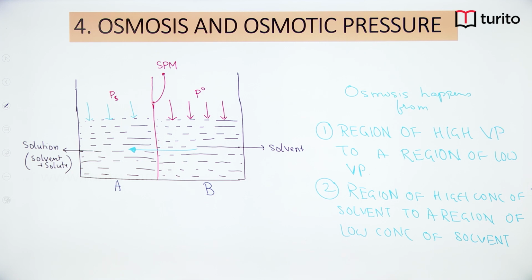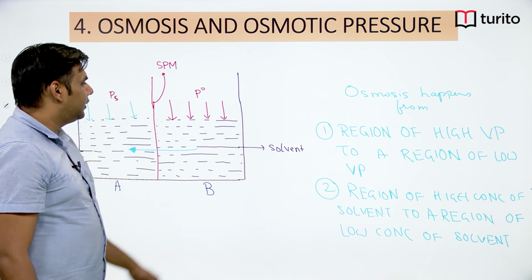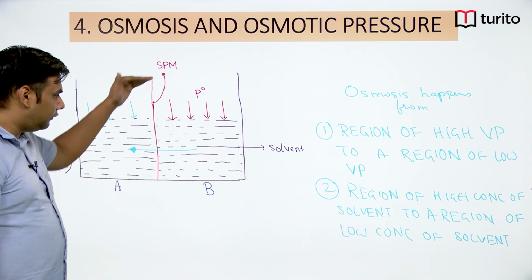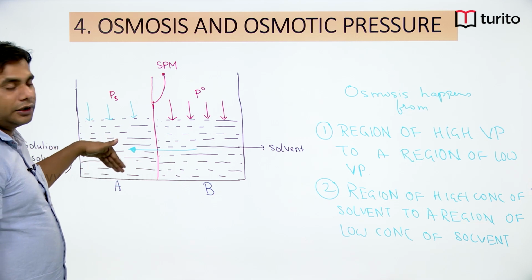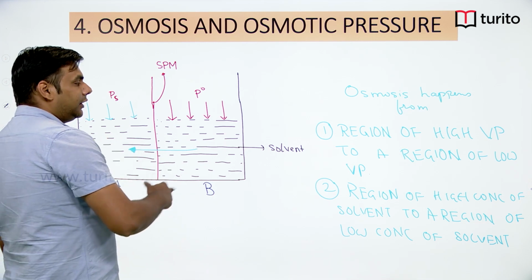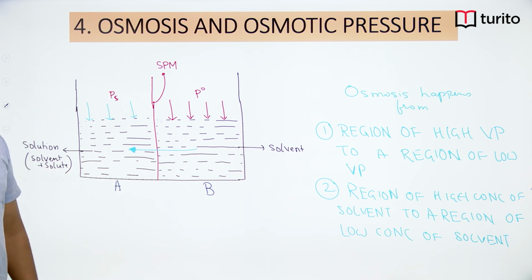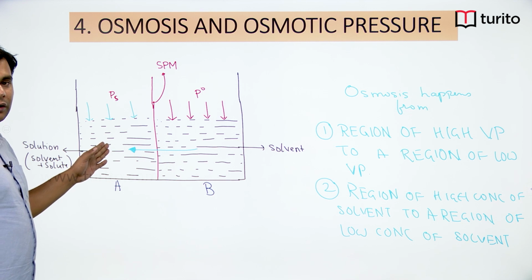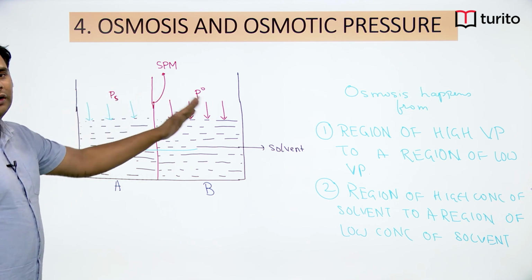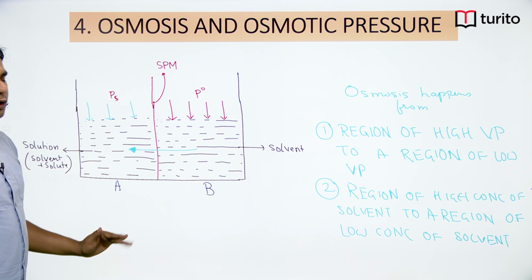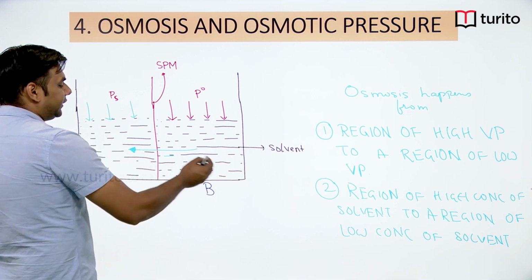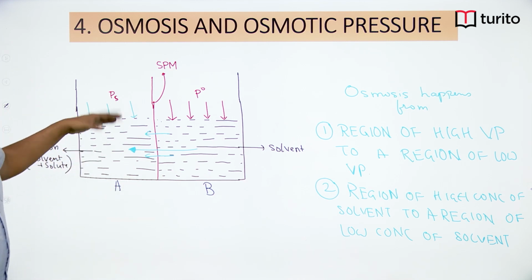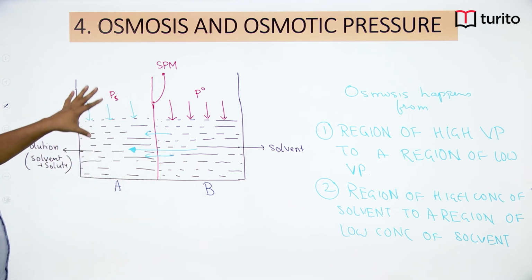So this is the basic phenomenon of osmosis. Due to the difference in vapor pressure, the solvent molecules will move from the region of high vapor pressure to a region of low vapor pressure. Now next question comes, till what time will this solvent keep on moving? This solvent will keep on moving to the other side only until the pressure in the two systems becomes same. Now because some water is passing from B to A, this solution would start diluting, and more solvent would come over here.